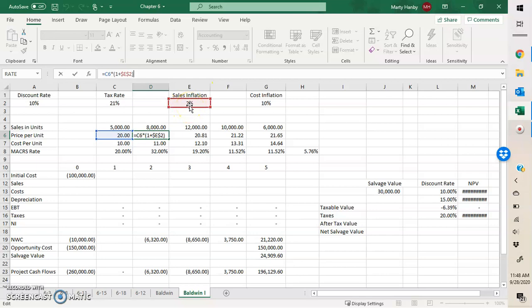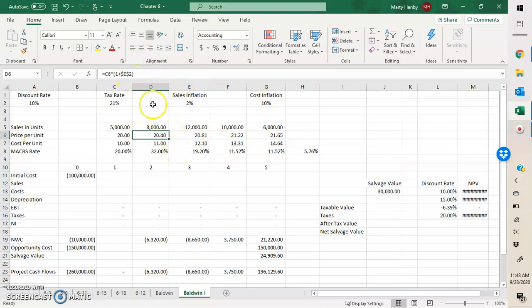So that gives you $20.40. You just drag that across and it'll grow at 2% a year. Then our cost per unit is $10. It's supposed to grow at 10%.